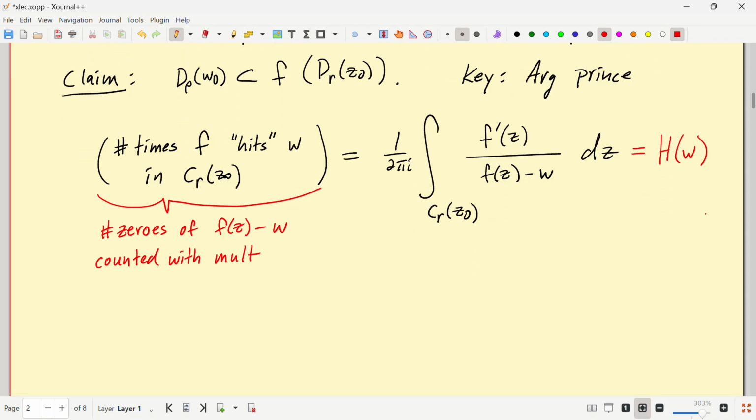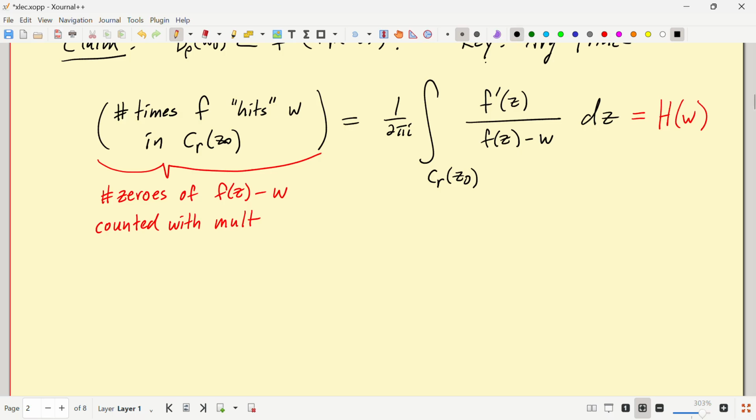So let's notice, first of all, that we know what the multiplicity is. Notice that h of w naught gets hit n times. That's because the multiplicity of that zero is n.